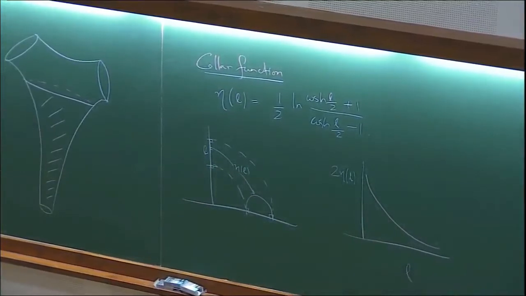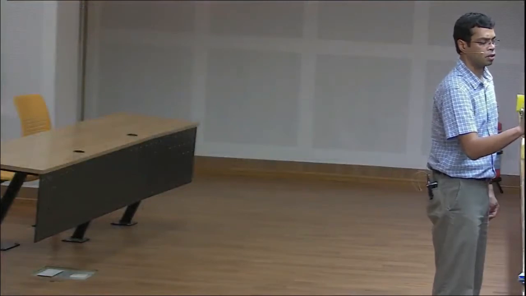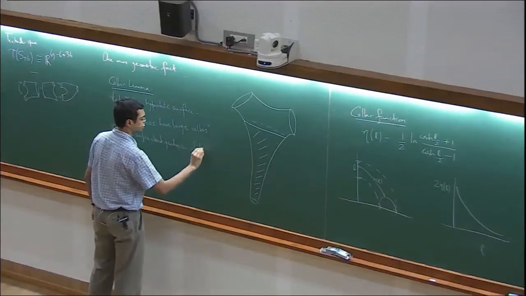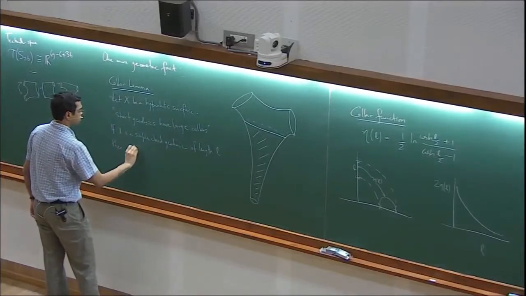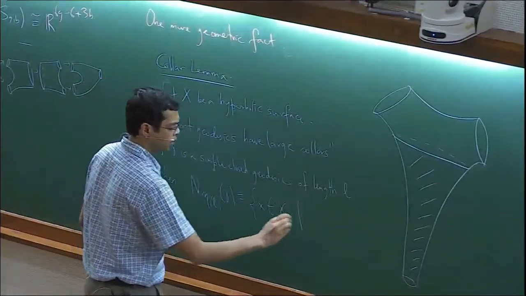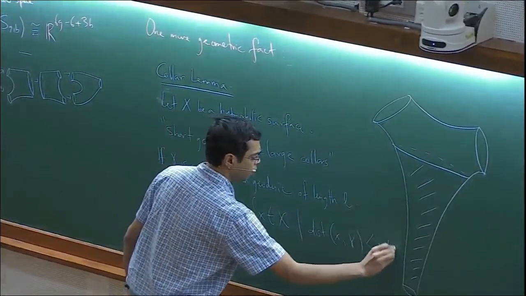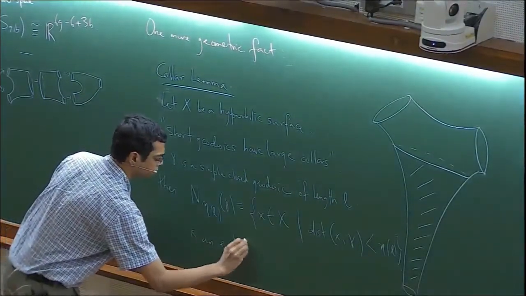That's the picture. So the more precise form of the collar lemma is that if gamma is a simple closed geodesic of length L, then an eta of L neighborhood of gamma, which is the set of points on X such that the distance in this hyperbolic metric on the surface from gamma is less than eta of L, is an embedded annulus, an embedded collar.